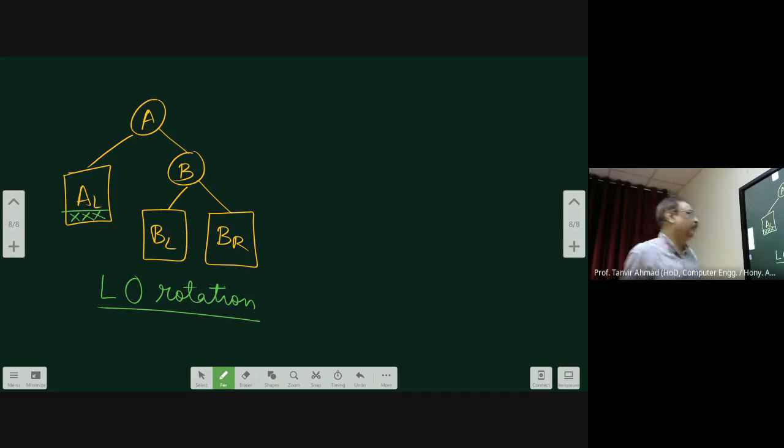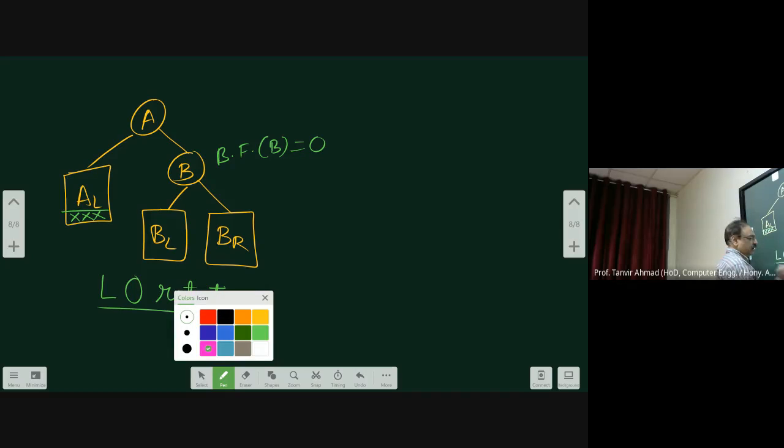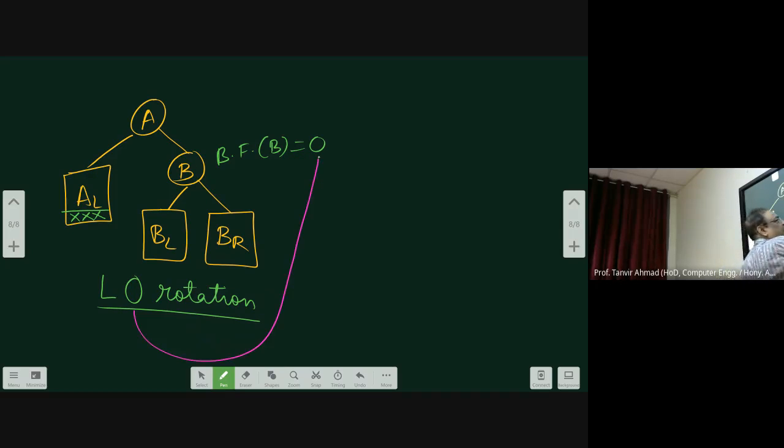Because the balance factor of B is equal to 0. Therefore, this 0 indicates what I am trying to say. This 0 indicates this. And this deletion indicates that this is L. Because we are deleting on the left side.